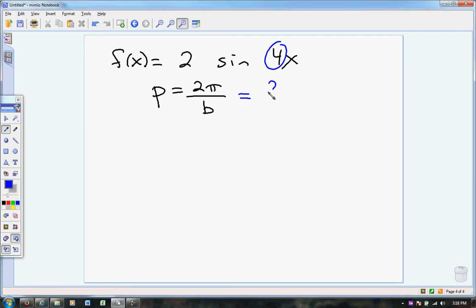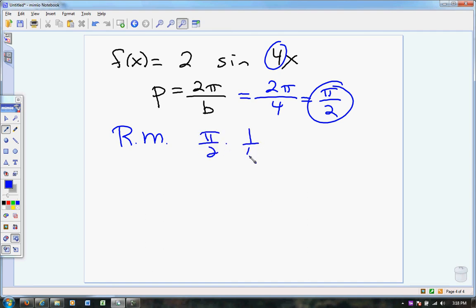So I'm going to do 2 pi divided by 4, and that will be pi halves. But then we needed to find the road markers. So we always took this period and multiplied it by 1/4. So the road markers are pi eighths.